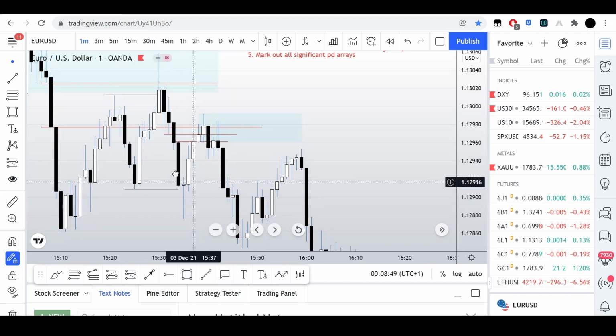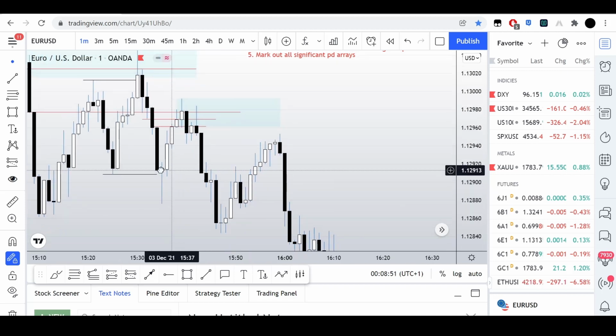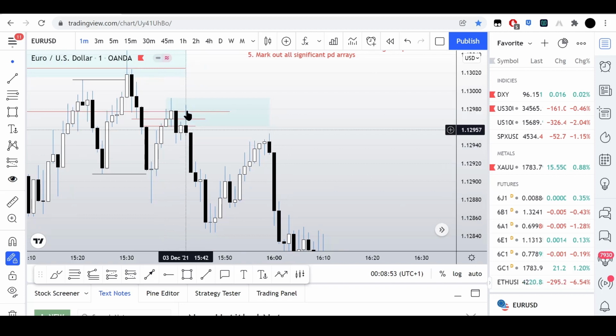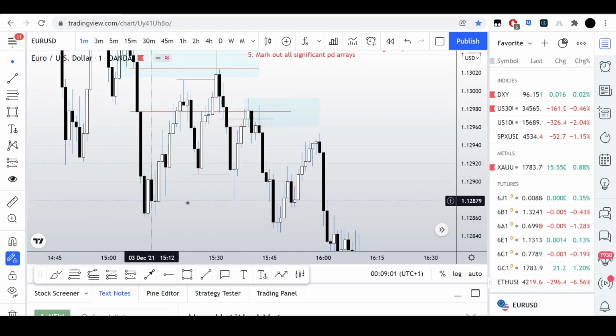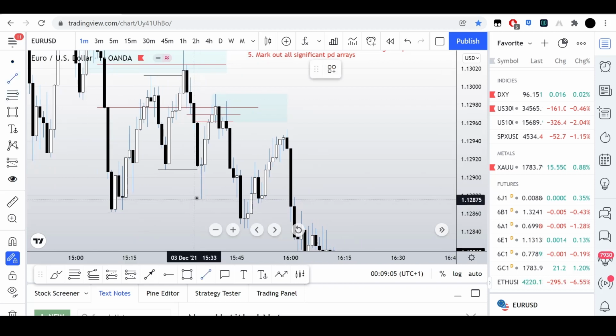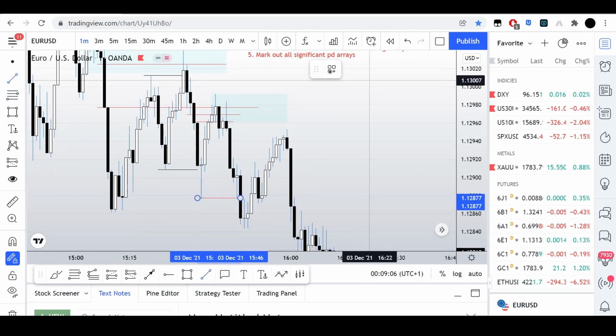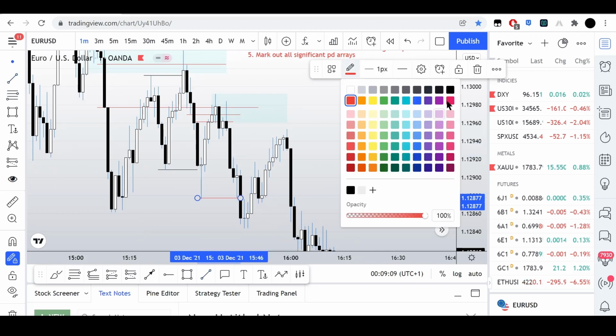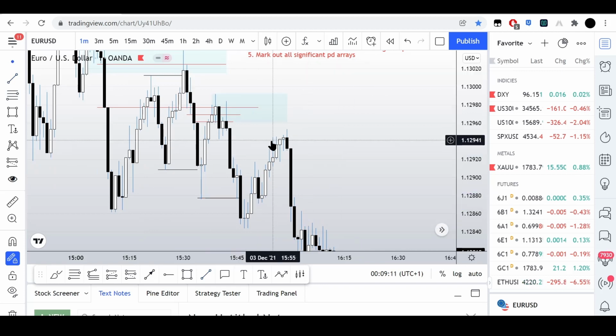All right, now look at this. Let's continue. Price did this, created this up candle, aggressively ran down. This is what you like to see. Broke structure. Okay, broke structure here. What did price do?